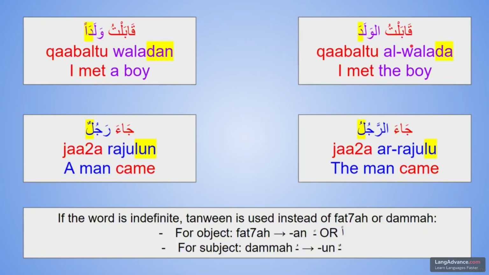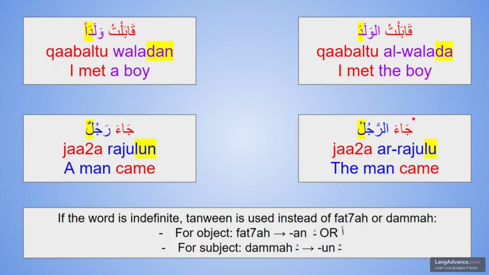To say I met the boy, قابلت الولد. So here is just A at the end of the word. If I want to say I met a boy, indefinite, it is قابلت ولدا. You see here the N sound at the end with the tanween.